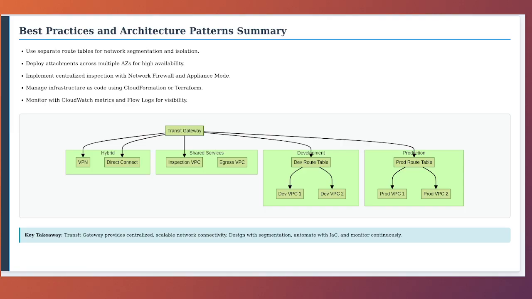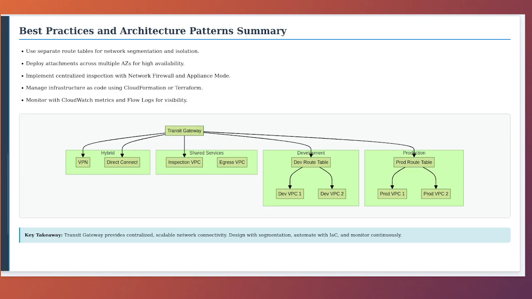For cost optimization, consolidate attachments where possible since each attachment incurs hourly charges. Monitor data processing volumes using CloudWatch metrics. Consider the trade-off between centralized egress, which saves on NAT gateway costs, versus distributed egress, which reduces transit gateway data processing. Remove unused attachments promptly.